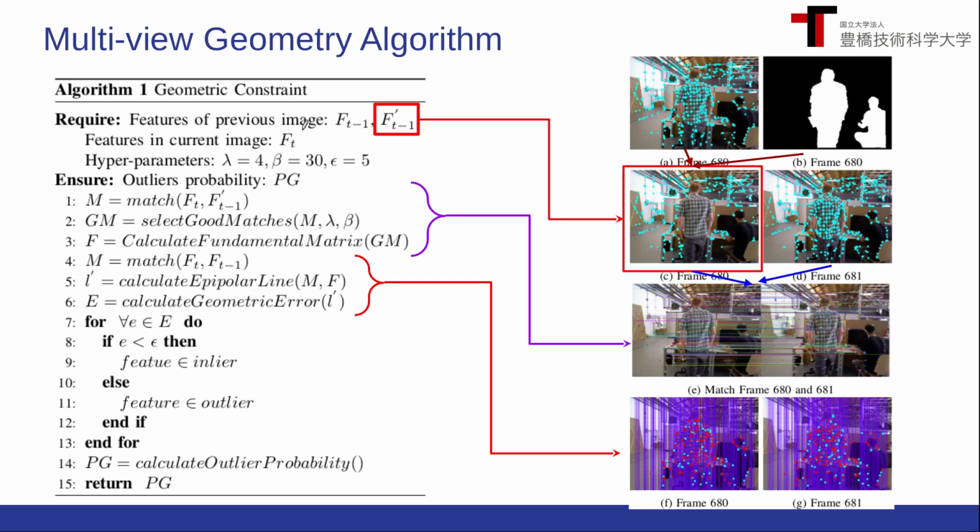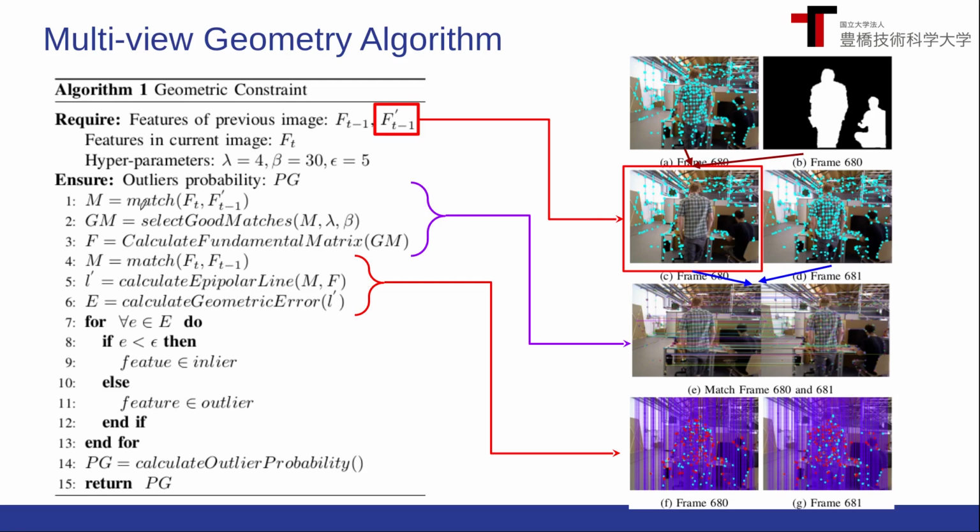Firstly, we use the previous image and the mask of the previous image to generate the rendered previous image, by removing the dynamic features using the mask of the previous image.